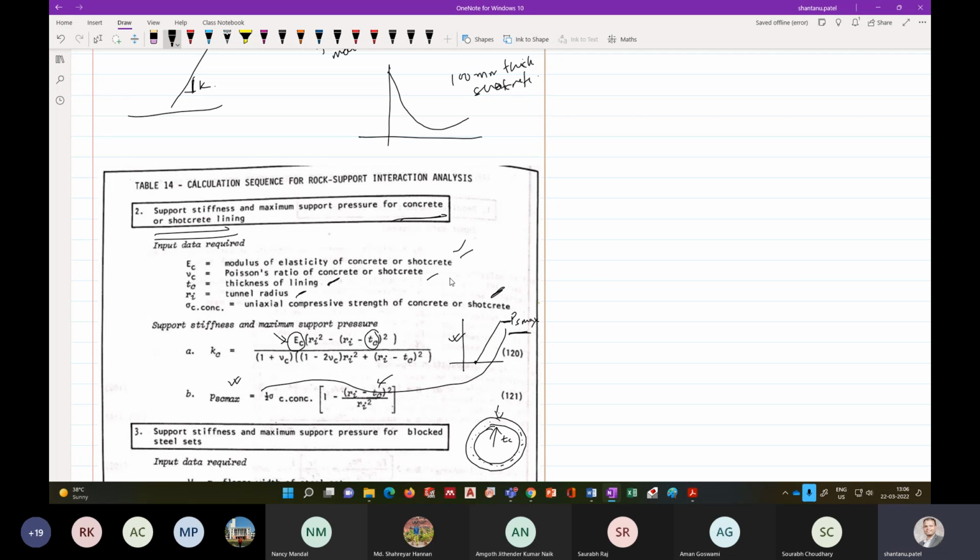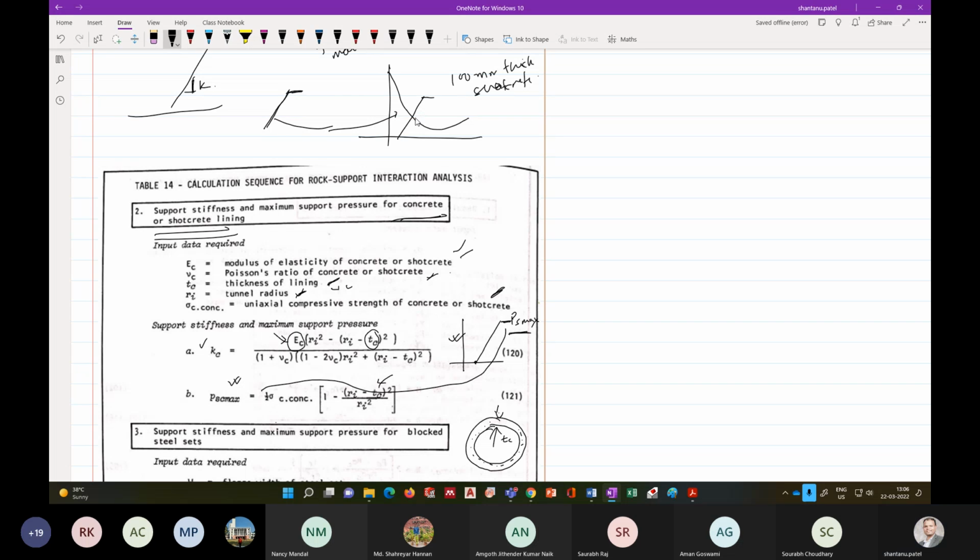Then you have all the properties of this shotcrete, right? For 100 mm thick shotcrete, you just calculate what is the stiffness, what is the slope of this line, right? And then you calculate what is this PS maximum. So you just bring this curve here, to know where it fits. So let's say this is fitting here.